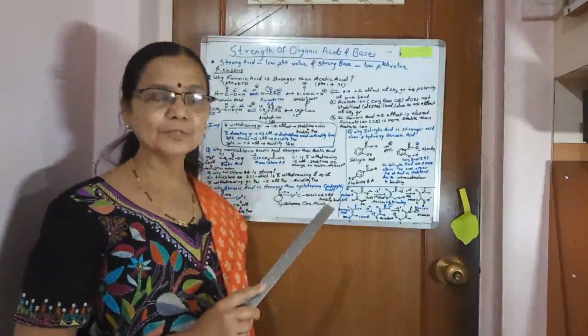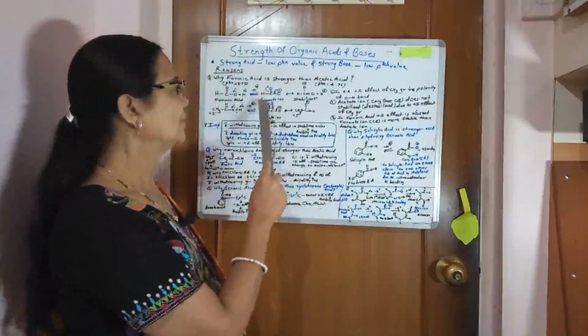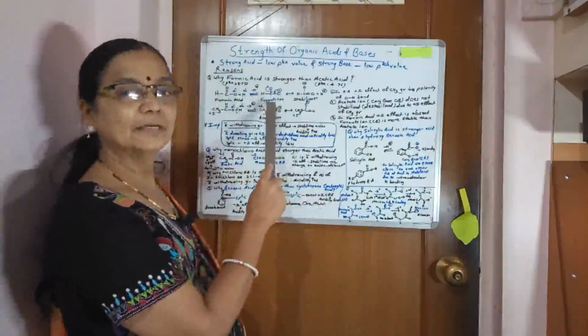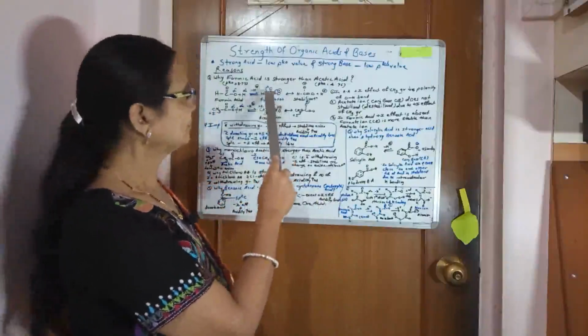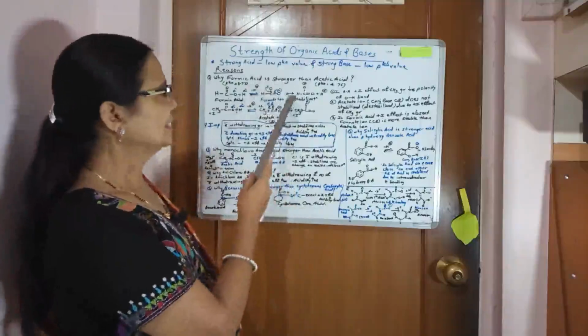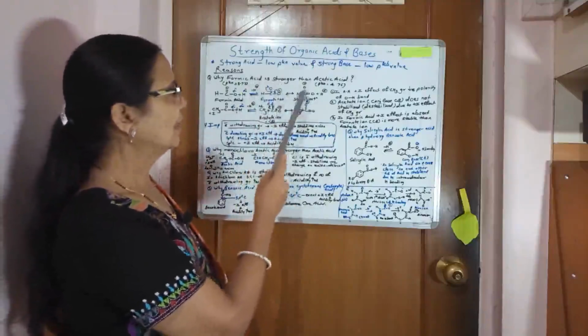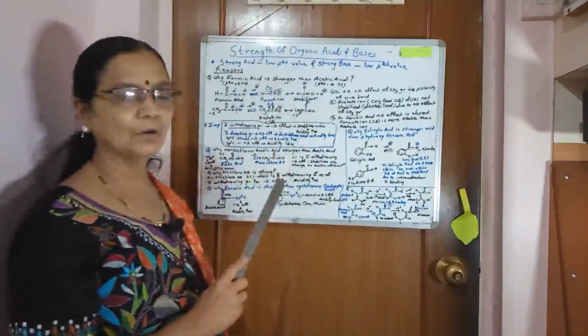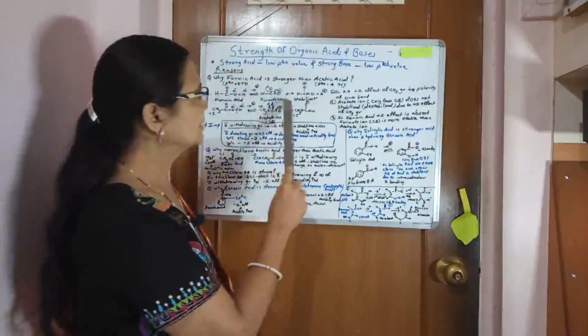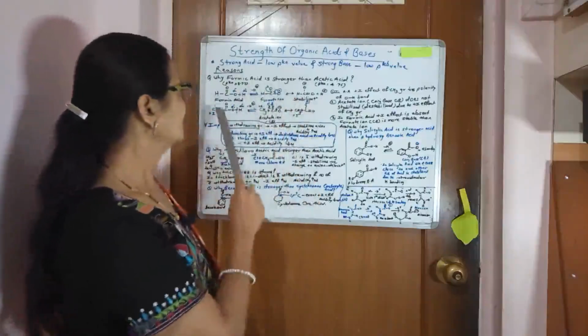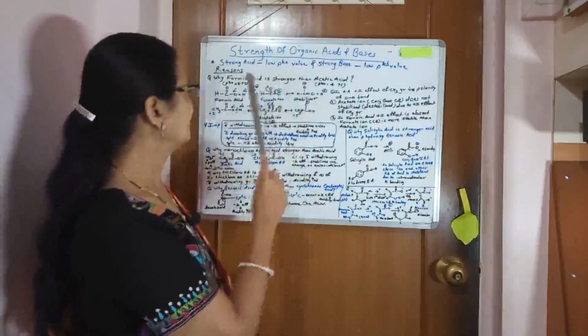By removal of H positive, the anion formed is called the formate ion, which is its conjugate base. This conjugate base gets stabilized because the negative charge is delocalized and is also present on the oxygen. Therefore the negative charge gets stabilized, that means the anion gets stabilized.